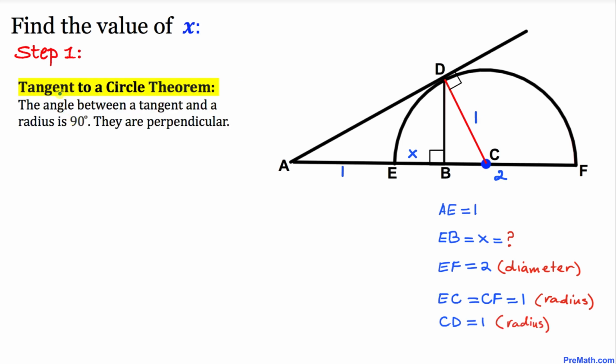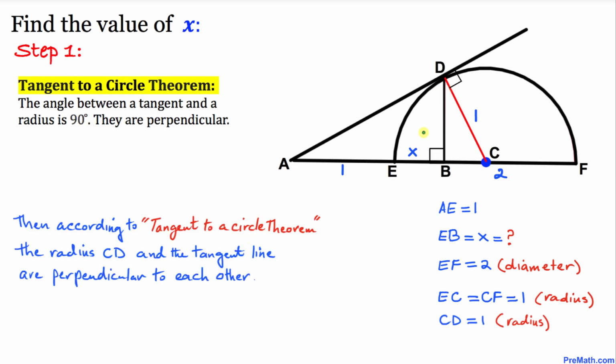And here's our tangent to a circle theorem: the angle between a tangent and a radius is always 90 degrees. That means they are perpendicular. So this radius CD and this tangent line are perpendicular to each other.